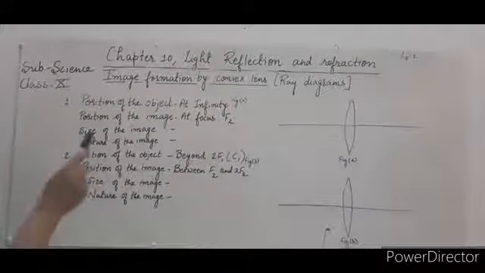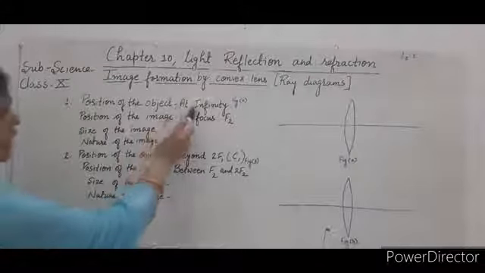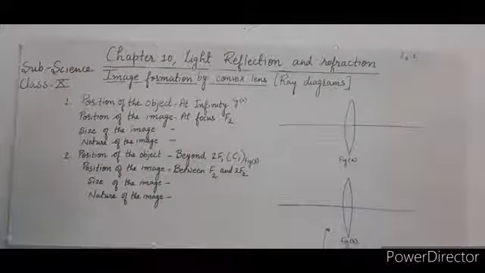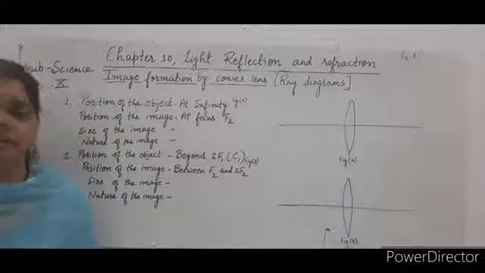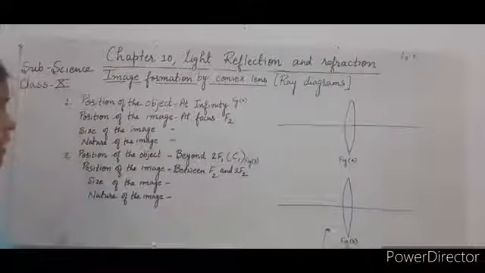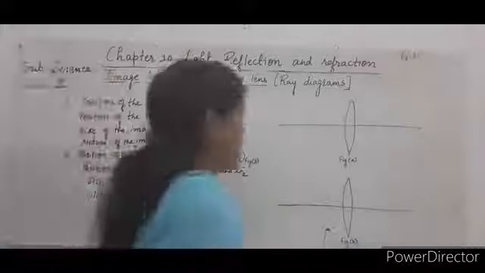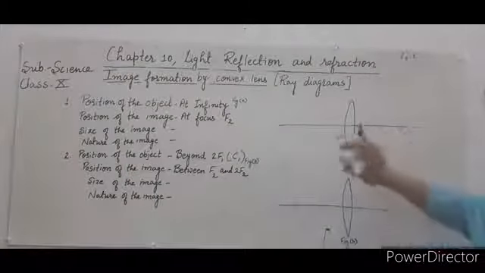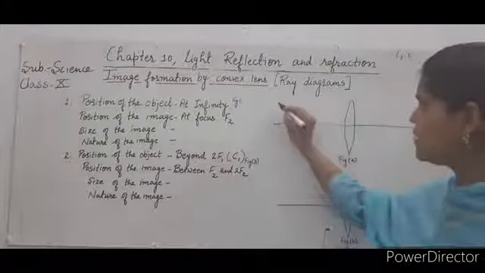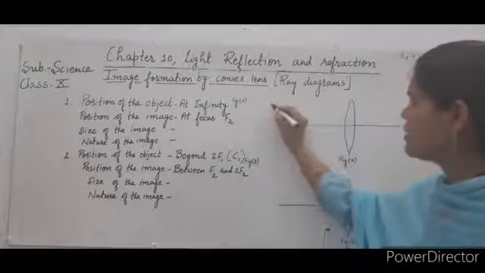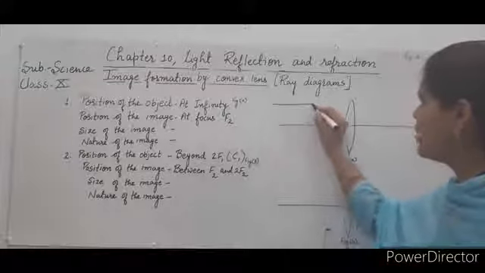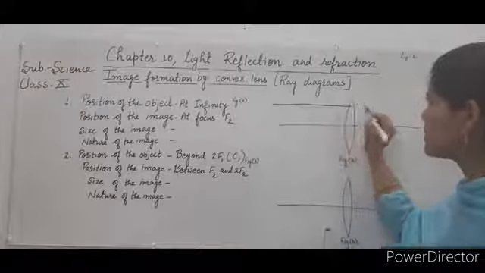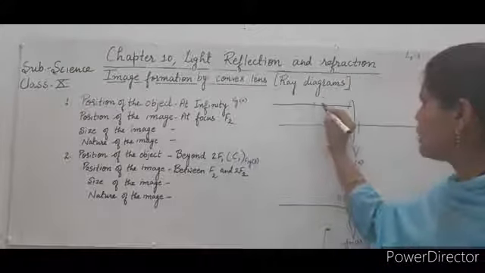First case, when the object is placed at infinity, at infinite distance, where does the image formation take place? So we will see the image formation with the help of a ray diagram. So this is a convex lens. Now when the object is placed at infinite distance, the rays parallel to the principal axis fall on the lens.